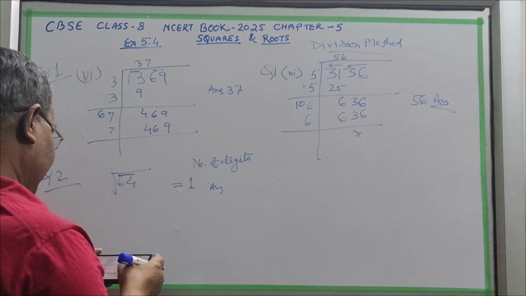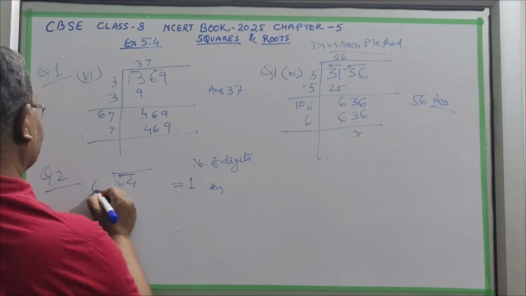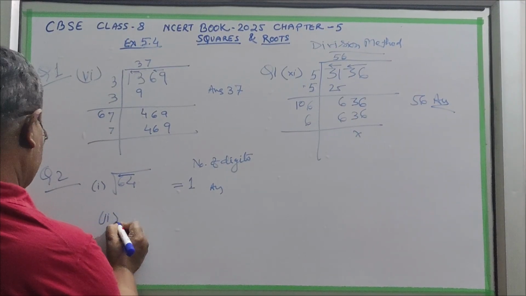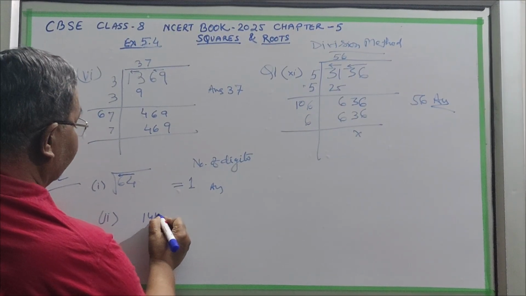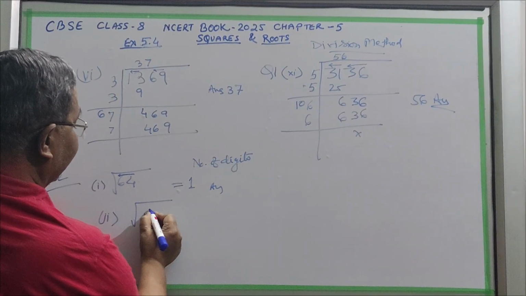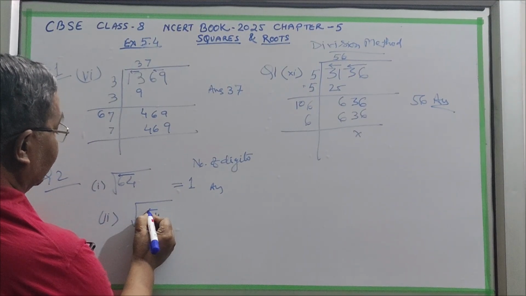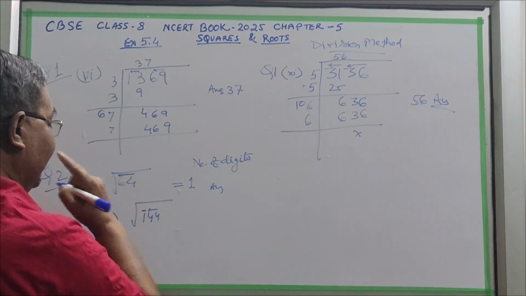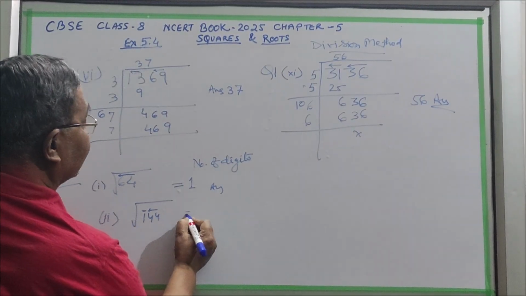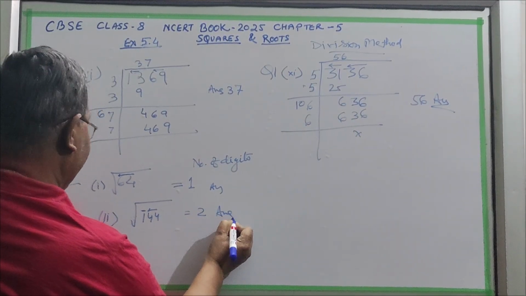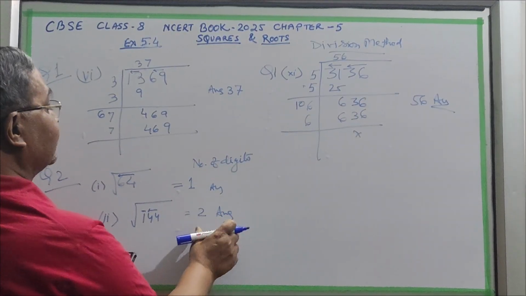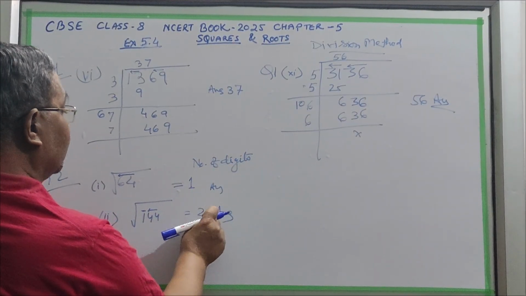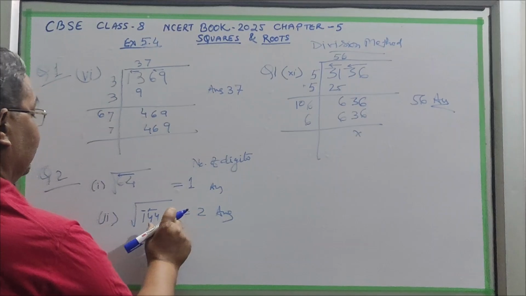Then suppose you take the second number, 144. If you make the groups, this is one group, and here only one number is there, so it will be only 1. So here 2 bars are there, so the answer will be 2. Then in the answer, the number of digits will be 2 in the square root of this number.